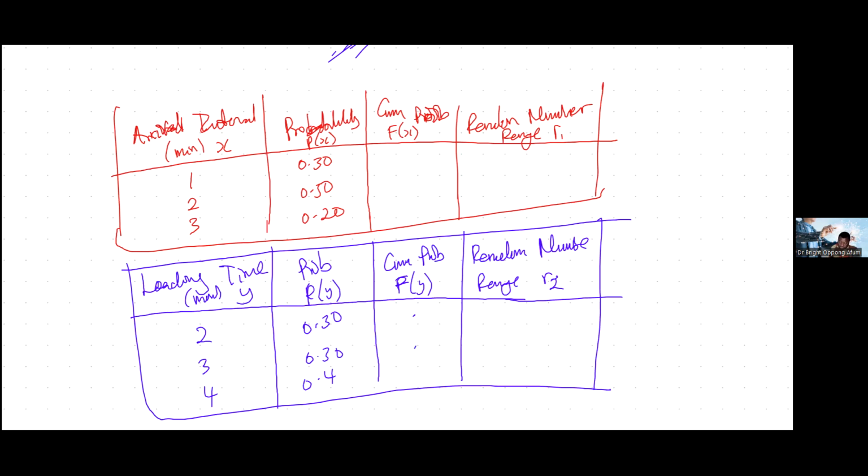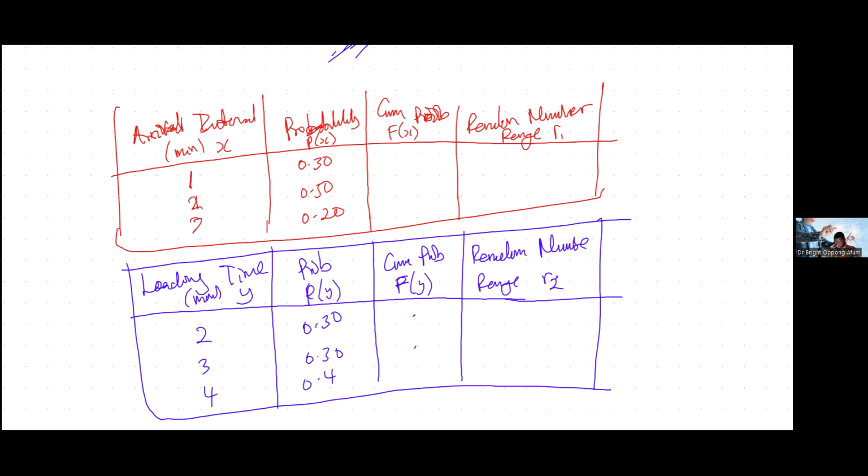When the trucks come, we have collected the data and realized that we have arrival times 1, 2, and 3, and we have 1, 2, and 3.